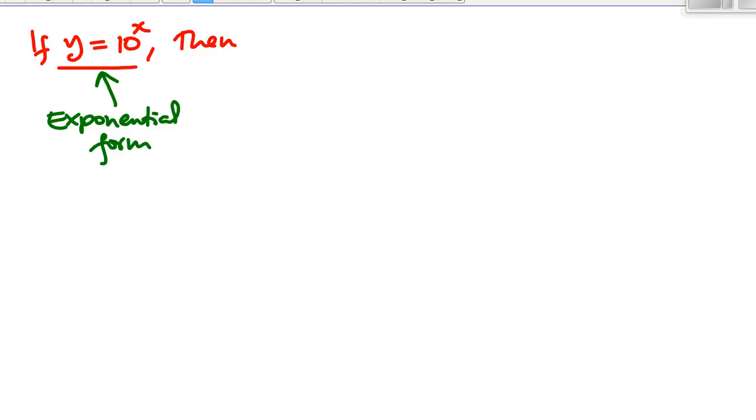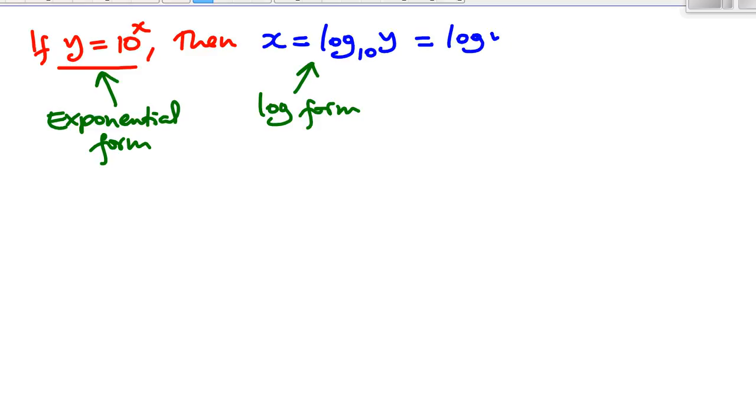So if we convert this exponential form to logarithmic form, we'll end up with x equal to log to base 10 of y. Now this is logarithmic form. And we can write this as log y.